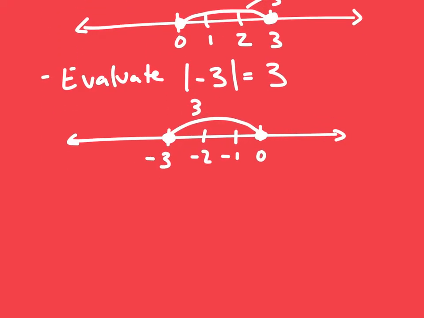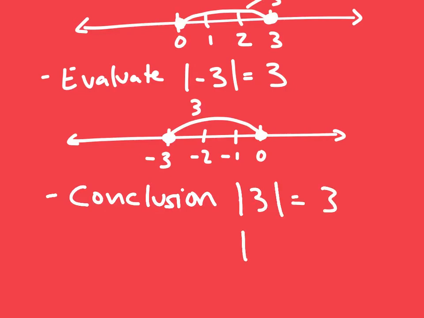So let's draw a conclusion from this. If I take the absolute value of 3, I get 3. If I take the absolute value of -3, I get 3.